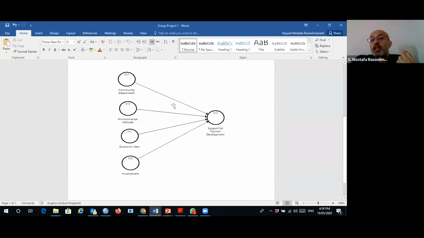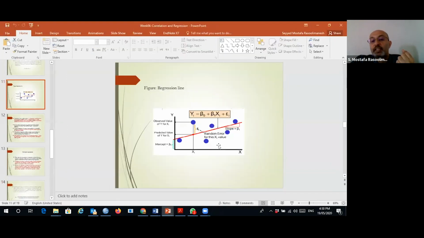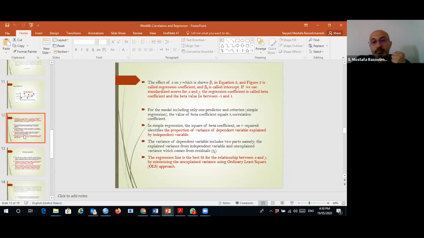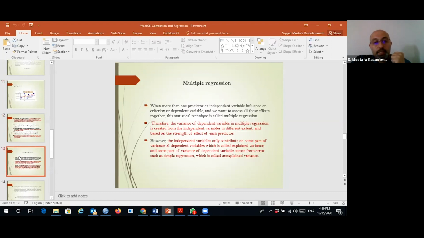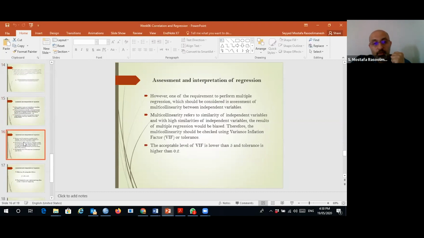To test this hypothesis, we need to check the significance of this beta coefficient. If this beta coefficient is significant, it means community attachment has a positive and significant effect on Y. Right? Hopefully it's clear and you understand.